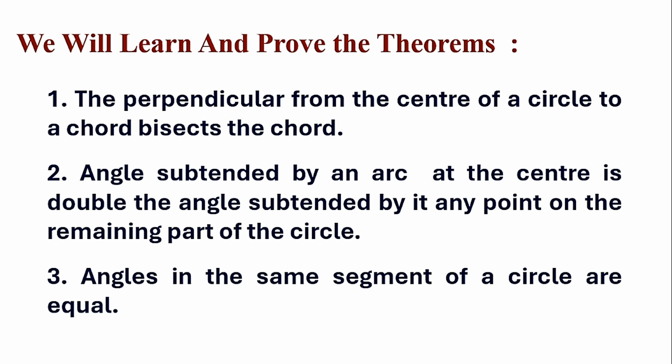Second, the angle subtended by an arc at the center is double the angle subtended by it at any point on the remaining part of the circle, or we can say the remaining circumference of the circle. And the third one is angles in the same segment of a circle are equal.